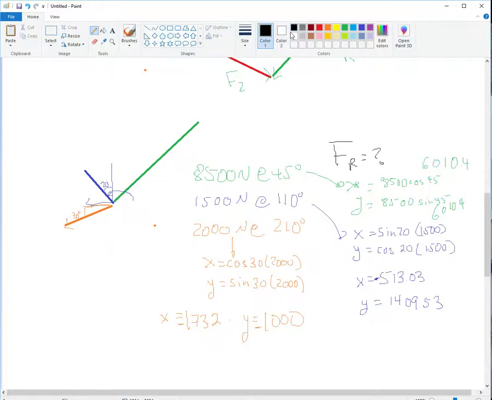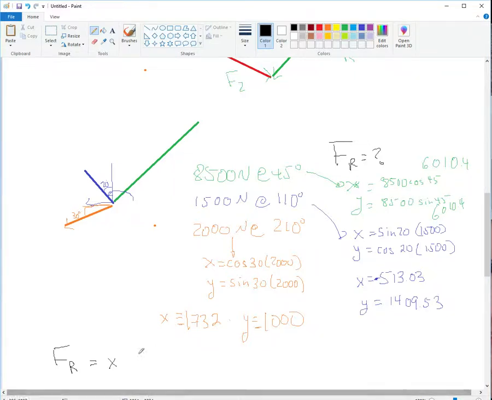So for our final resultant x, we simply add up the three x's. So we have 6010.4 plus 513.03 minus 1732.